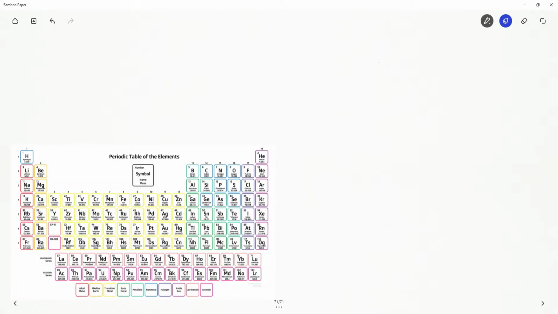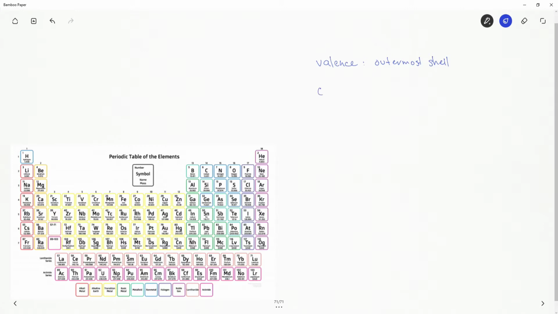Before we start, let's do a quick review on valence electrons versus core electrons. So your valence electrons are going to be in your outermost shell. These are the electrons that are going to interact with electrons from other atoms. And this is why, as chemists, we're so interested in the valence electrons, because this is where all the action is.